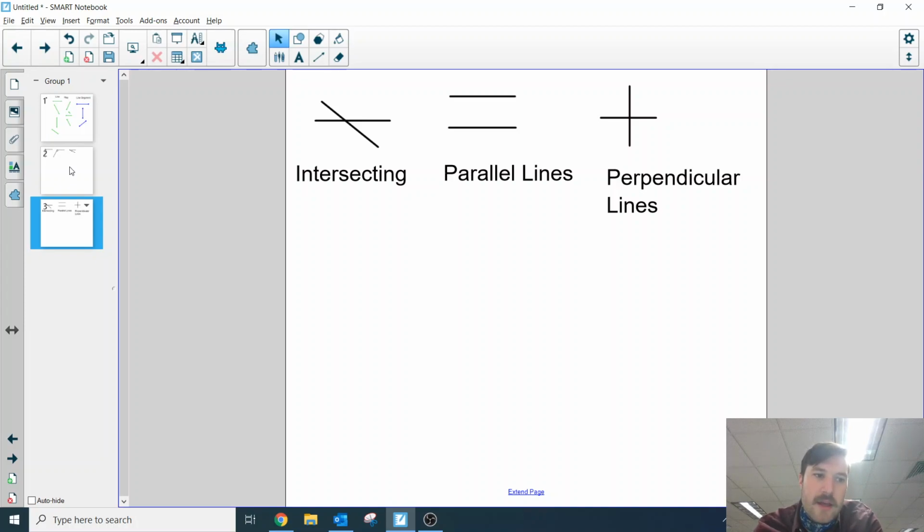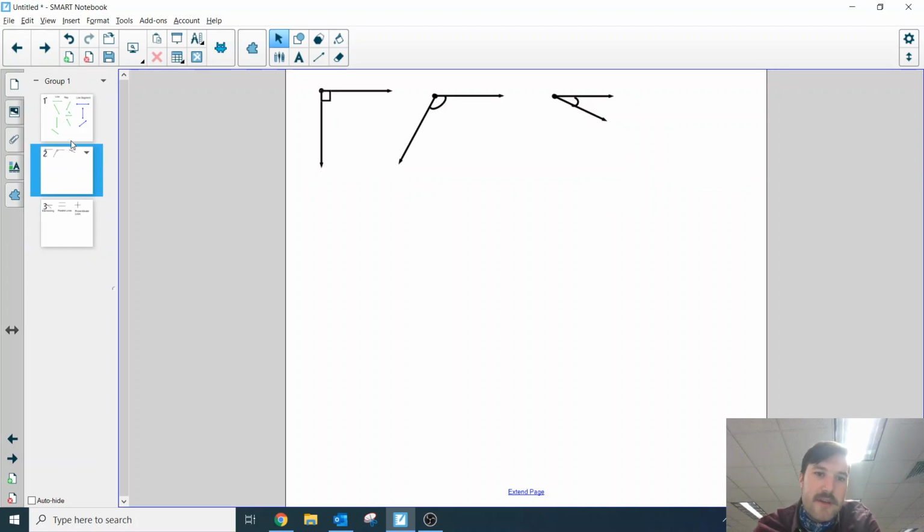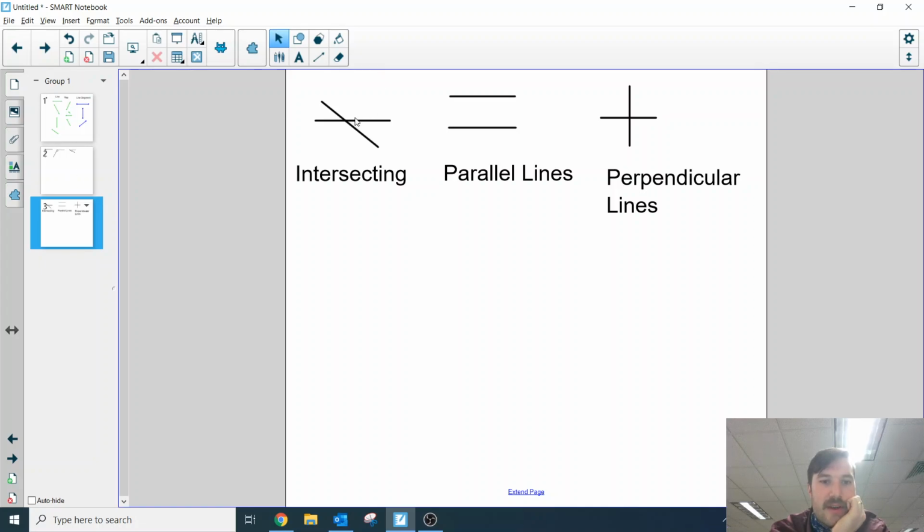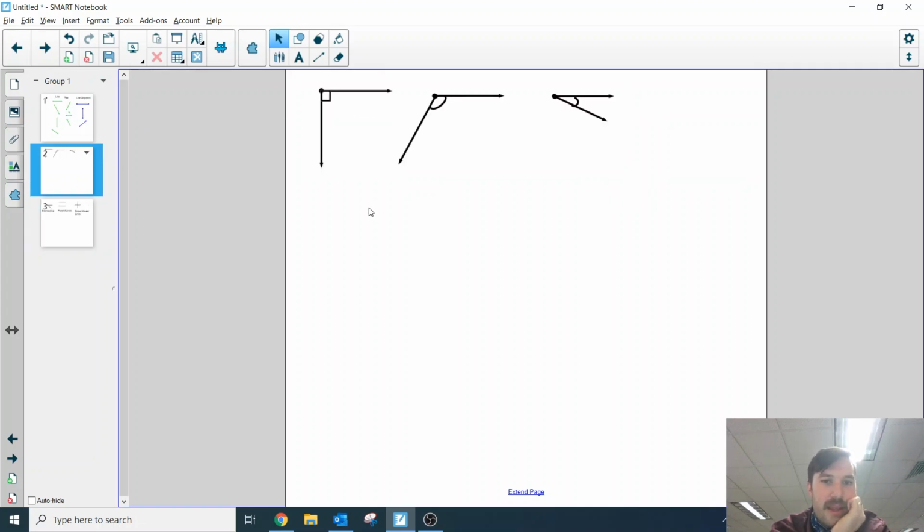Now, you may have seen angles or talked about angles before, but anytime we have two rays or lines that intersect, they create an angle. And we have three main types of angles here. So we're going to talk more about this year, but for right now, we're just going to talk about the big three.